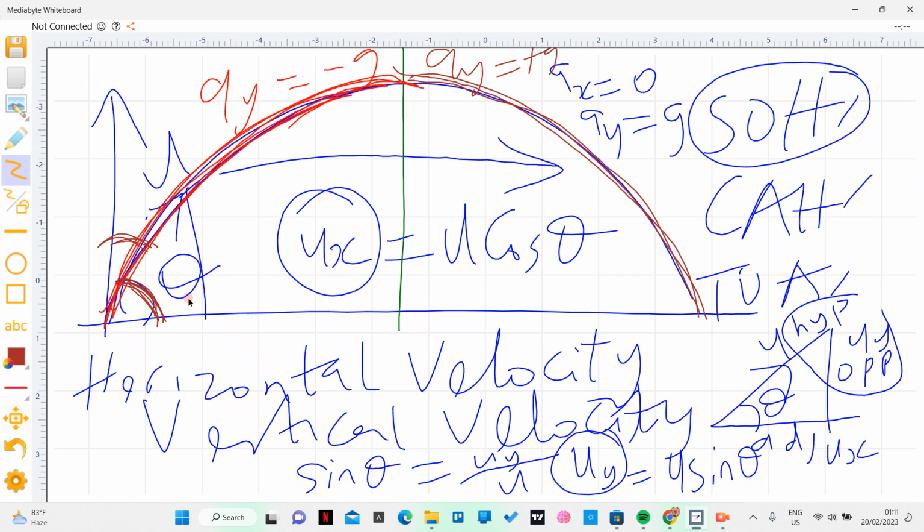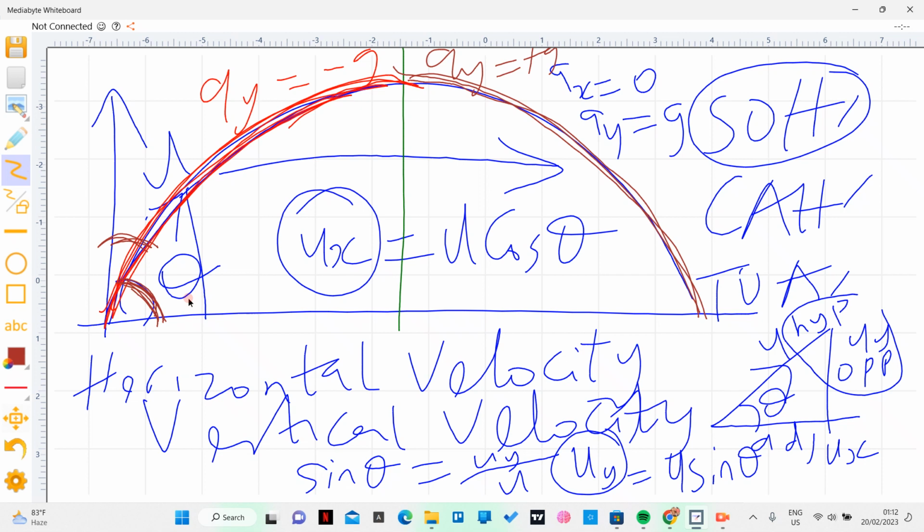But then the most important thing is for you to identify how you are going to know your opposite and adjacent in a triangle. So once you're able to do that, you won't have any issue determining how you are going to calculate your horizontal component or your vertical component, whether the angle of inclination is with the horizontal or with the vertical.